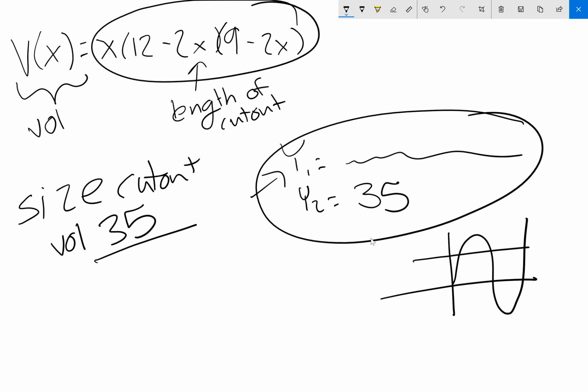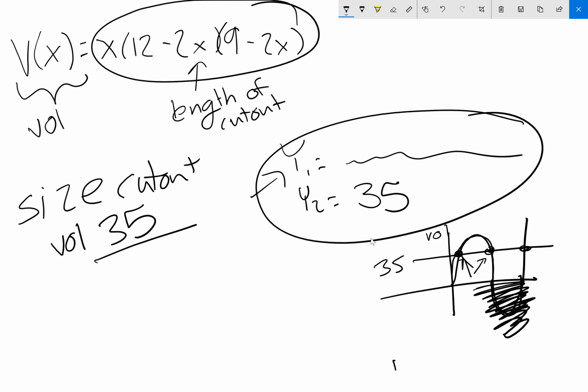Say 35 was here, so these are our options. However, we're only concerned about these. Why? Because this is the volume. Here we have a positive volume, and here a negative volume. We can't have a negative volume of the box, so we're not going to worry about that.